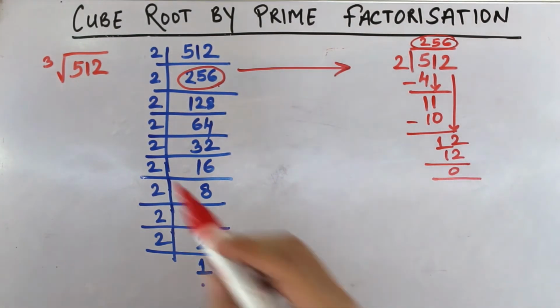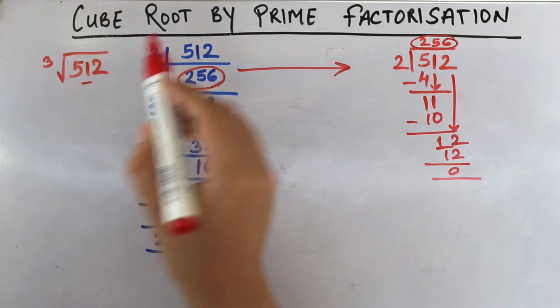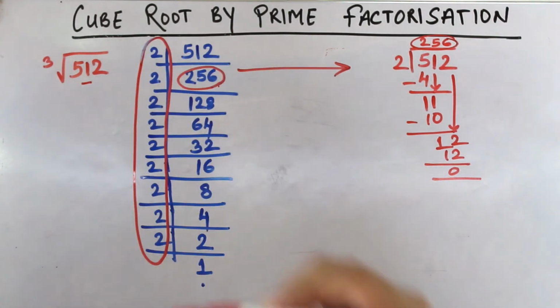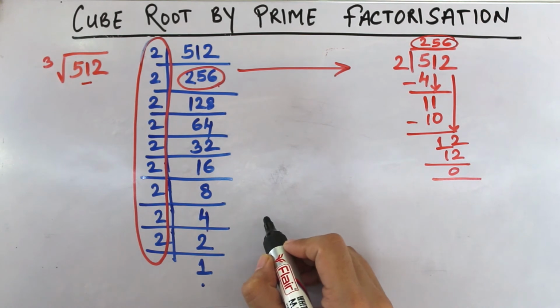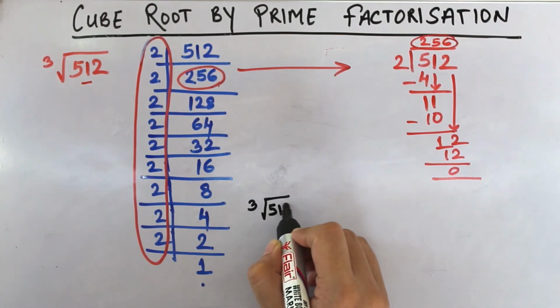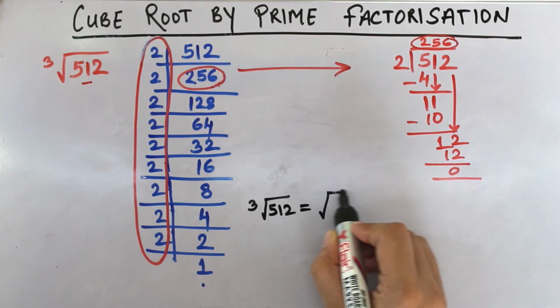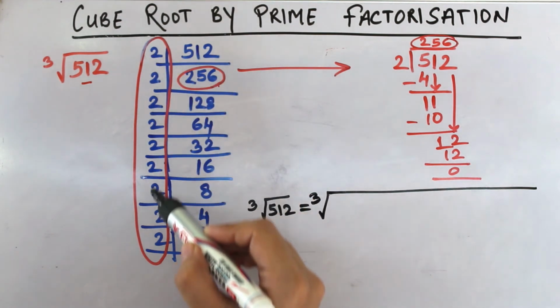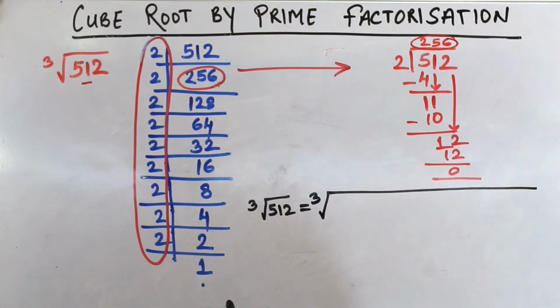What we are going to do is write 512 as the product of these factors. So I'm going to write the cube root of 512 is equal to the cube root of, and I'm going to write all these factors inside this cube root.